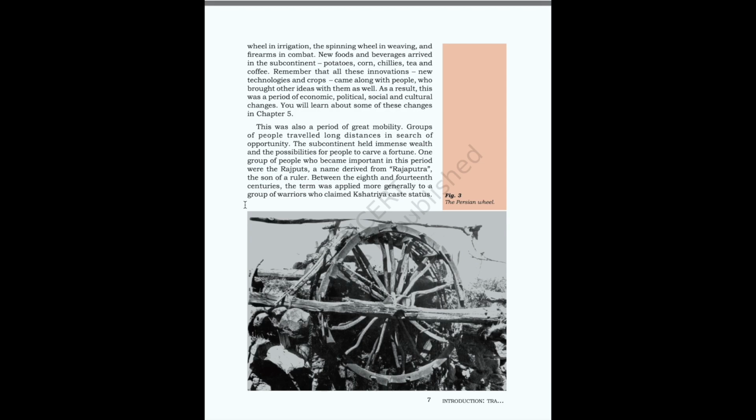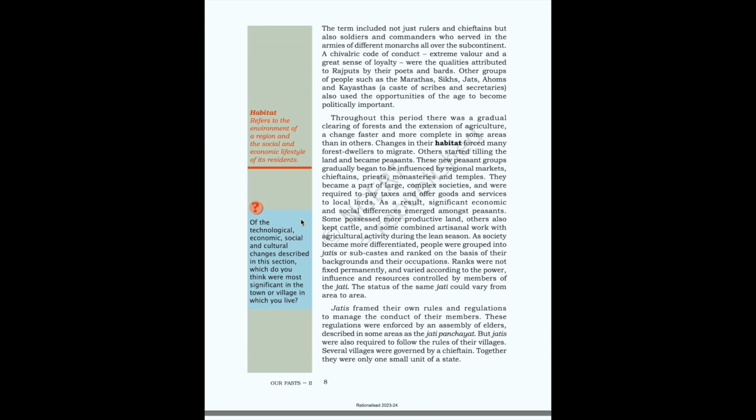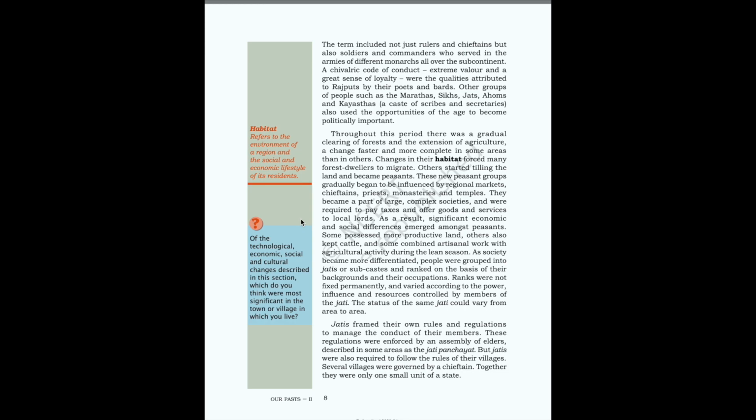One group of people who became important in this period were the Rajputs, a name derived from Rajputra, the son of a ruler. Between the 8th and 14th centuries, the term was applied more generally to a group of warriors who claimed Kshatriya caste status. The term included not just rulers and chieftains, but also soldiers and commanders who served in the armies of different monarchs all over the subcontinent.